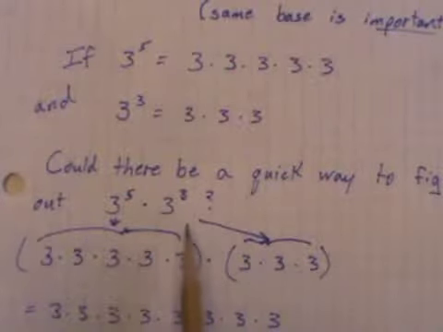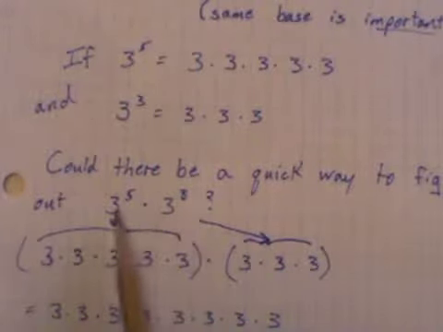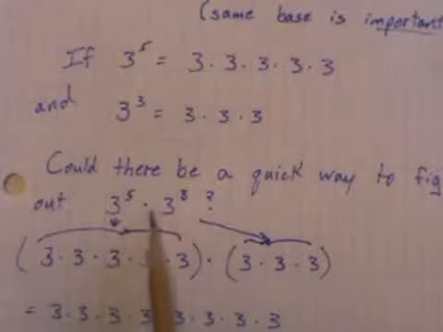Just add up those exponents. Now, adding the exponents only works when you have the same base and when you are multiplying.